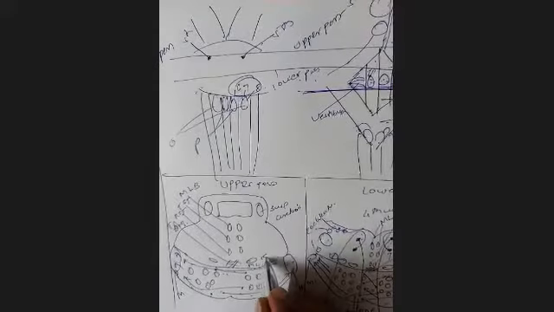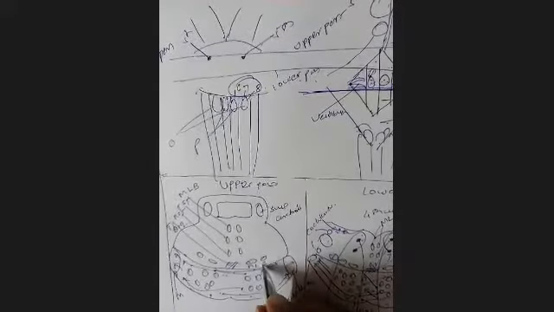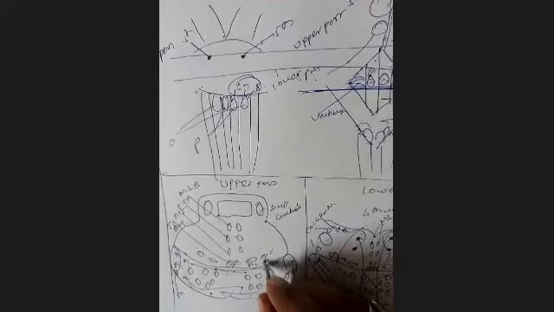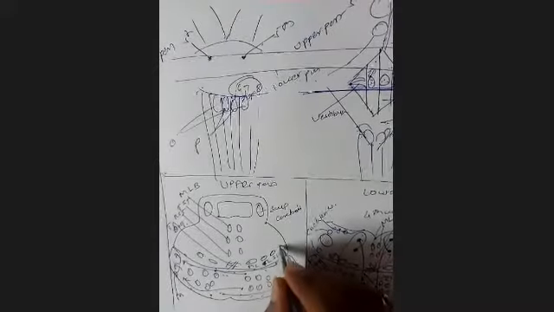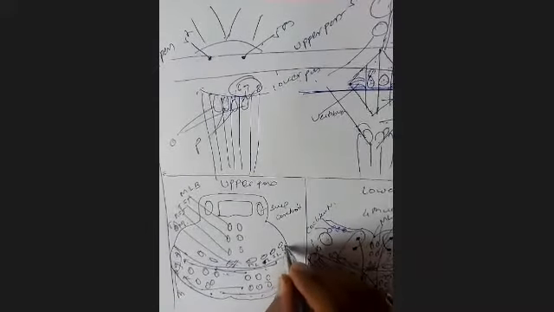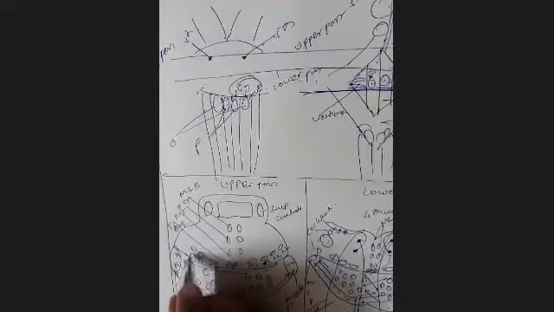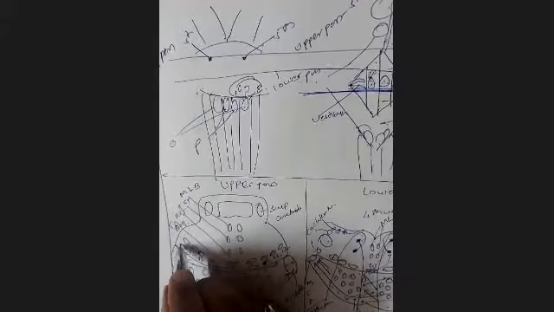Next to medial lemniscus is spinal lemniscus. Next to spinal lemniscus is medial lemniscus. Then is trigeminal lemniscus. Then is spinal lemniscus. And then is lateral lemniscus. So medial lemniscus, trigeminal lemniscus, spinal lemniscus, and lateral lemniscus.